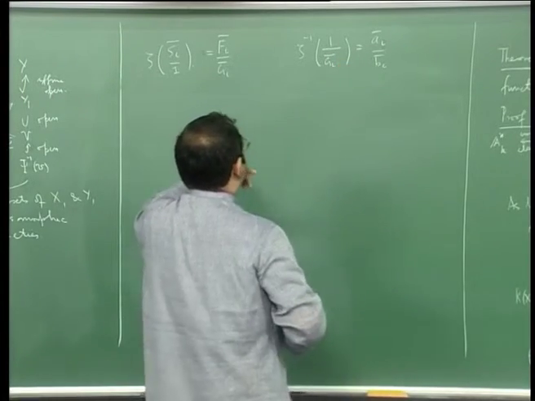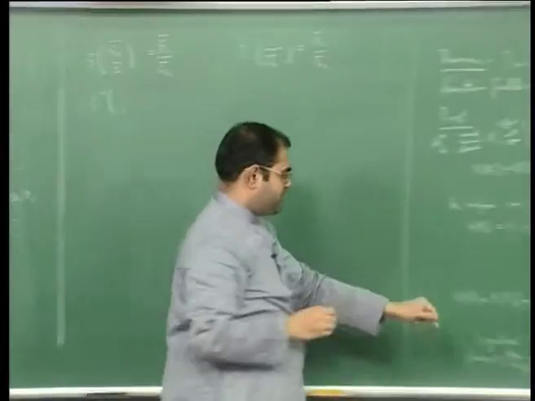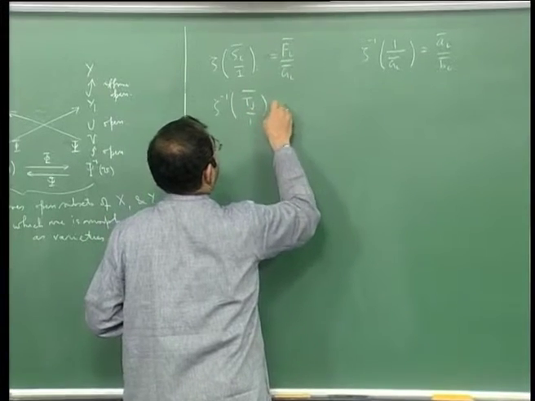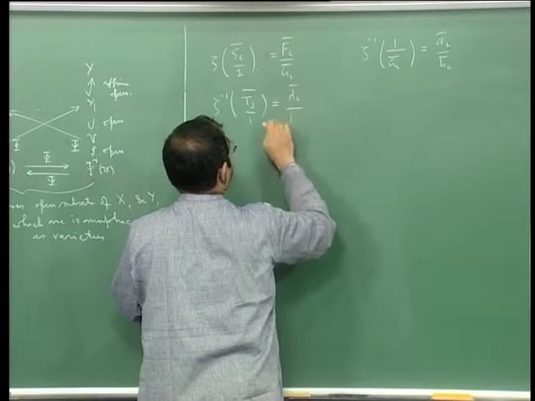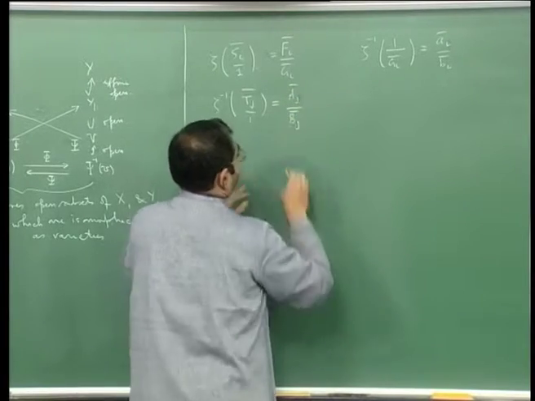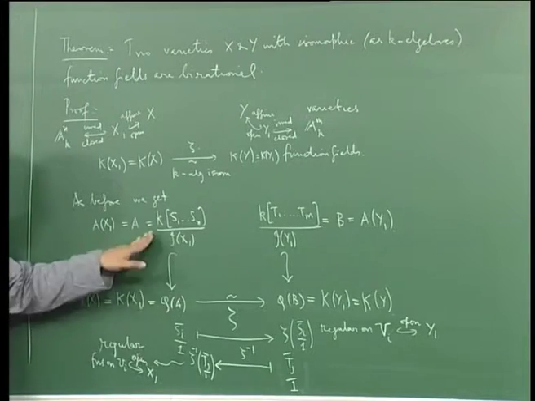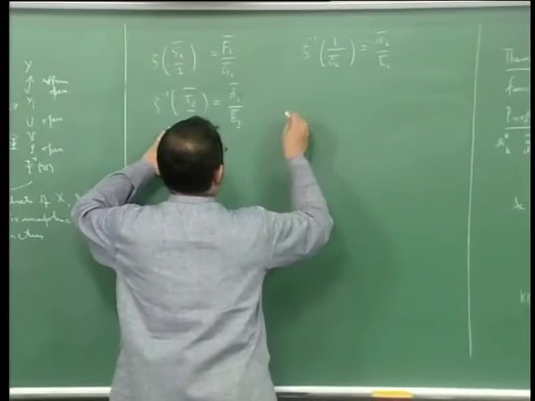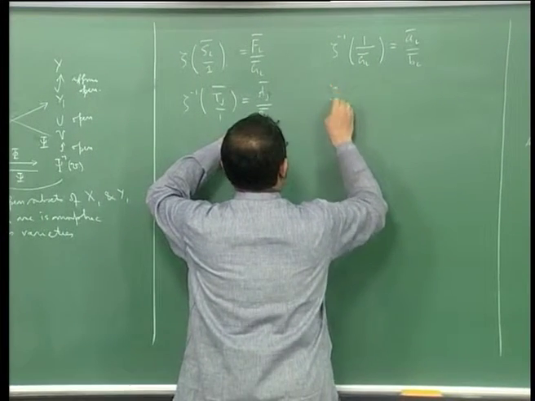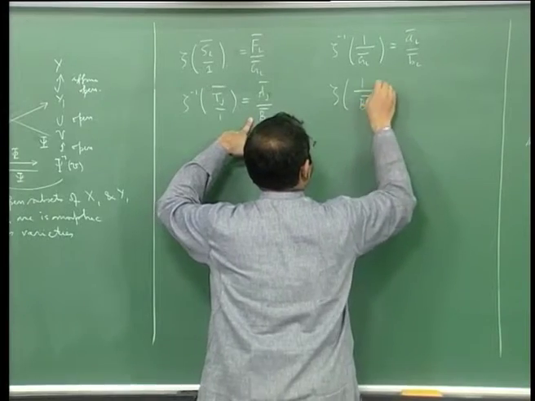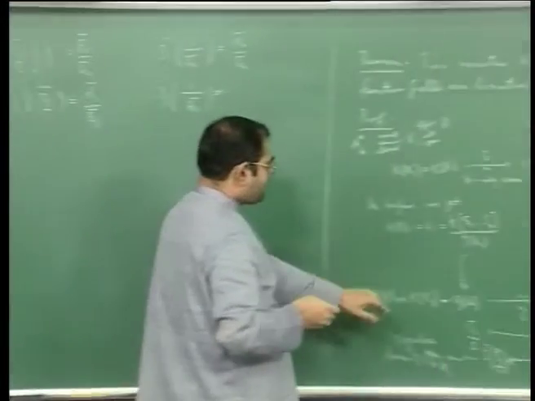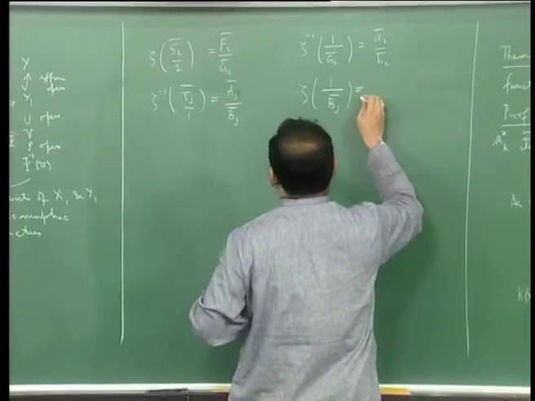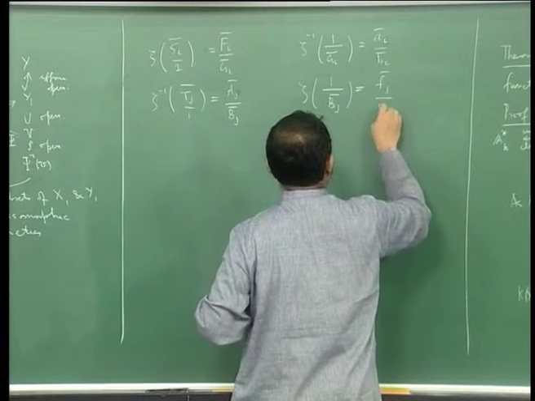And if I apply zeta inverse to tj bar by 1, I will end up with some capital Aj bar by capital Bj bar, where capital Aj and capital Bj are polynomials here in the s's, right. And if I apply zeta to 1 by Bj bar, then that is going to go to some small fj bar by small gj bar, okay.